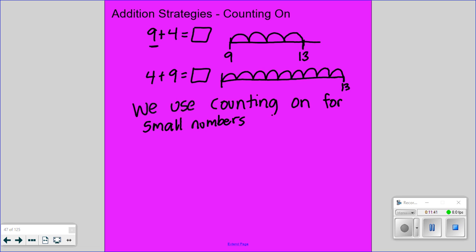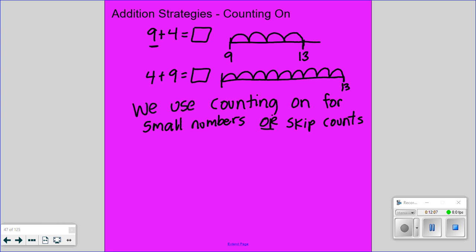That's a small number. I can do that, 5 more. Or skip counts. That is it. In 3rd grade, counting on cannot be your strategy for 75 plus 36. That's too large. That's too much counting on.